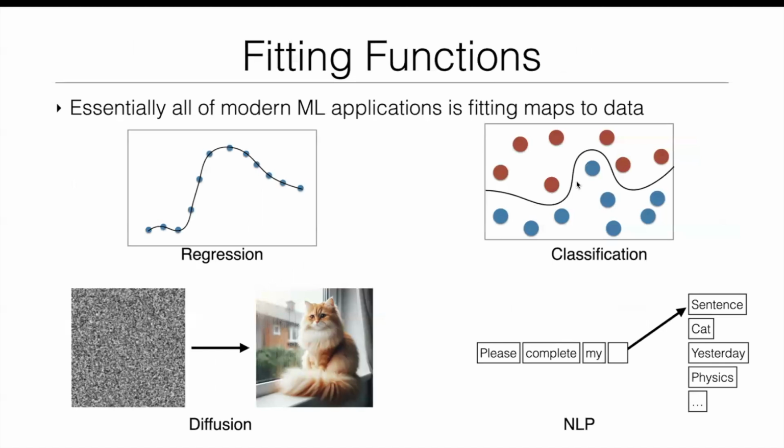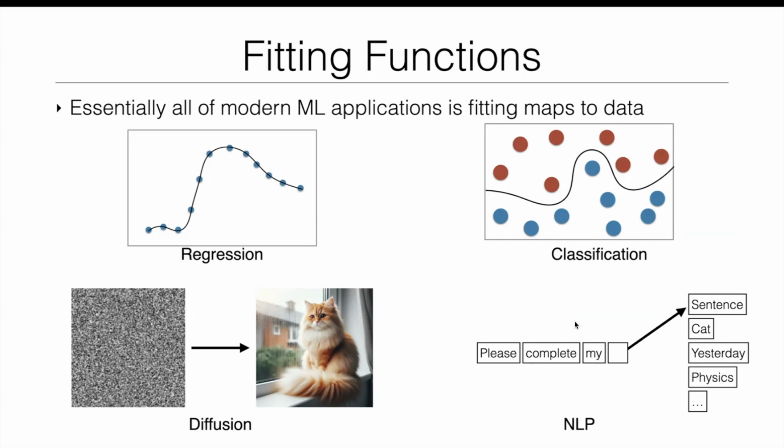So you have to find a function here, some map that goes through your feature space and separates them into the different classes. If you have something like image generation from noise, you're doing some diffusion map from the noise into cat images. And if you have something like a natural language problem where you want to predict the next word, you need to find a function given the words that came before. You have to predict the next word.